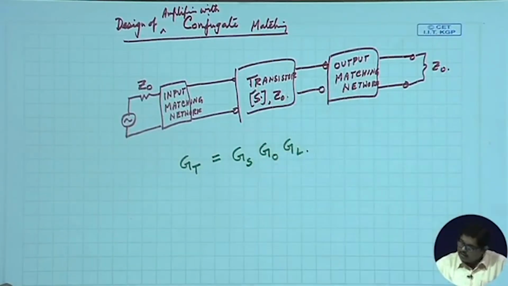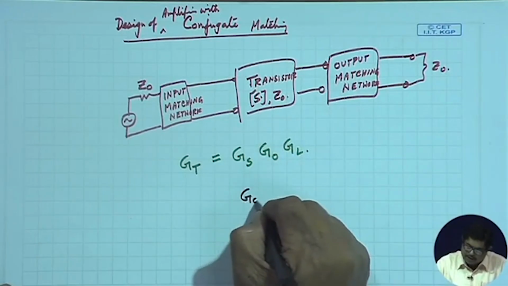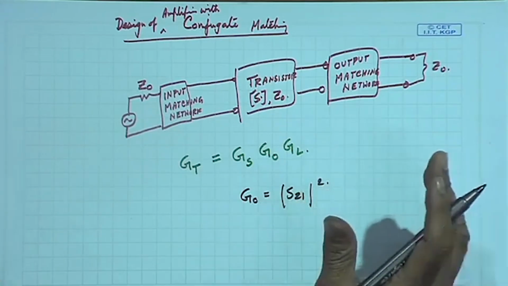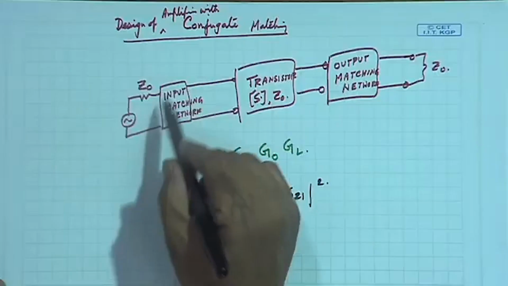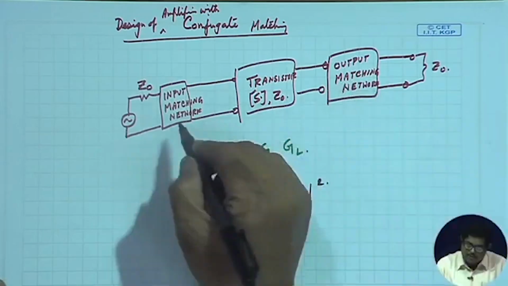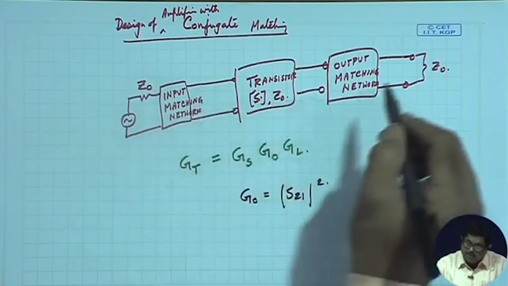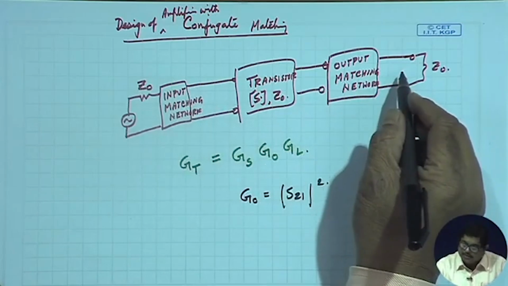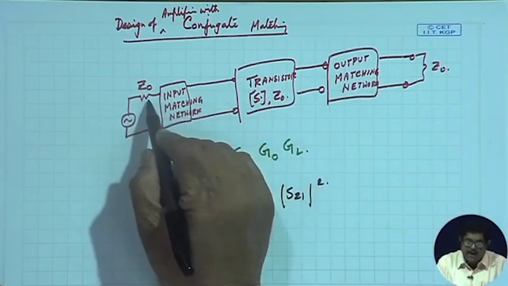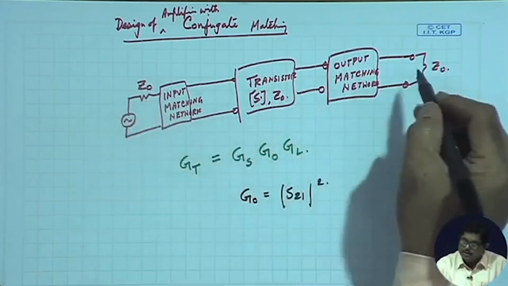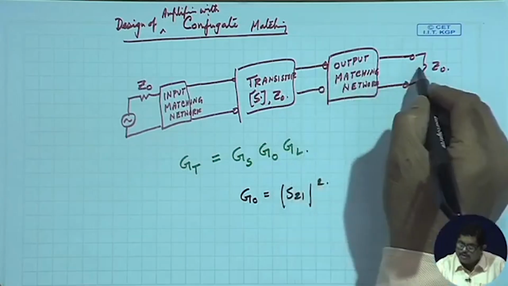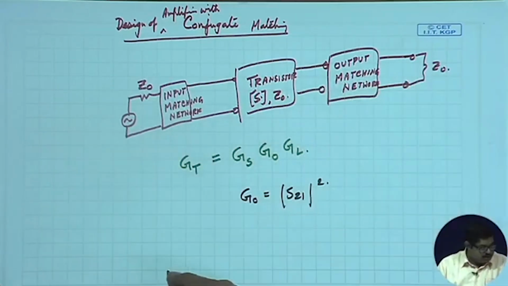So, typically this Z0 is given by S21 squared. Now, a microwave amplifier designer's job is to design the input matching network and output matching network, so that I choose my proper gamma S and gamma L, so that ZS will appear as Z0 to the source. Similarly, ZL with the output matching network will appear as Z0, then it will be conjugately matched.